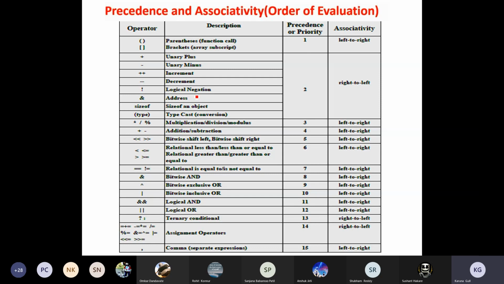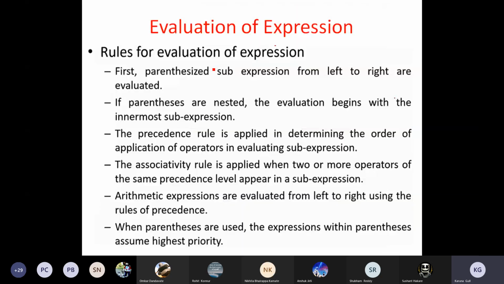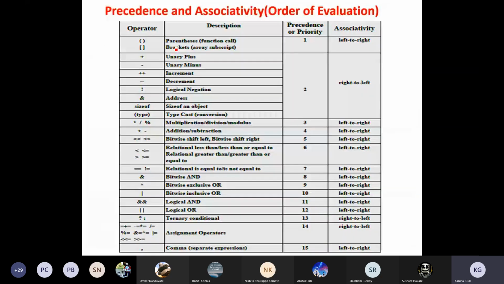For that, what system is being adopted? You have to adopt those rules and give the solution. Some rules are there to take care of that. I'll describe them on the next slide, but before that, these are the operators that you have already studied.